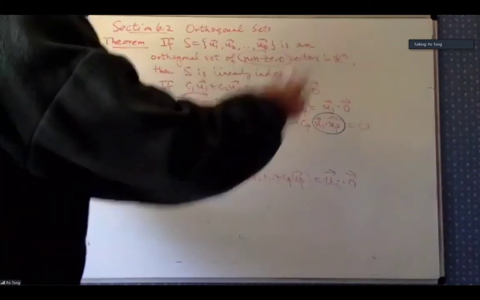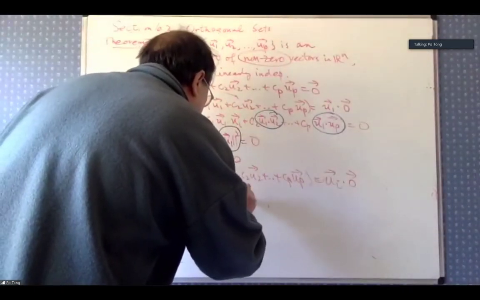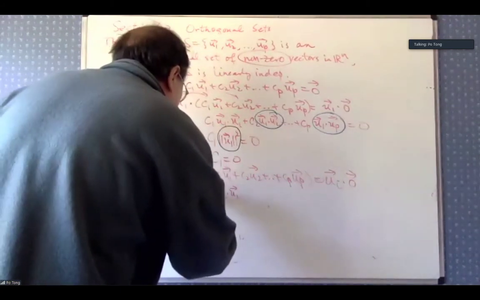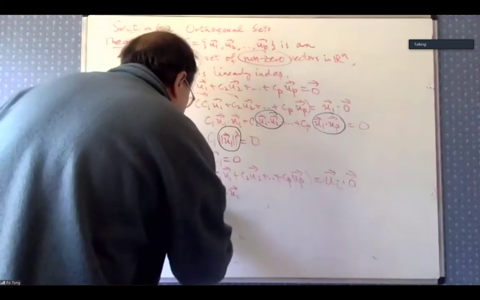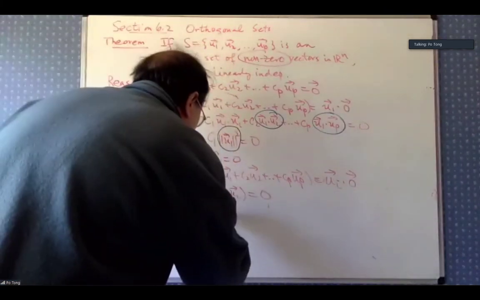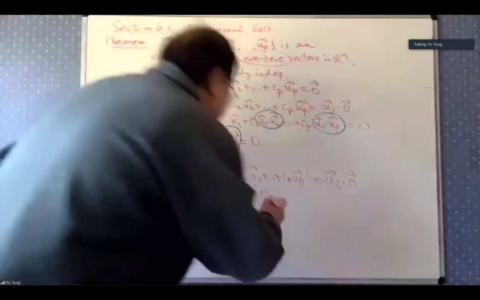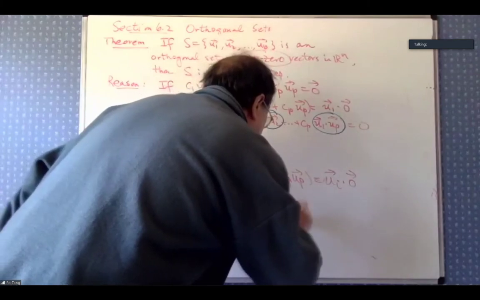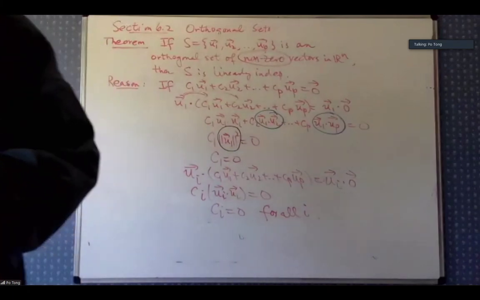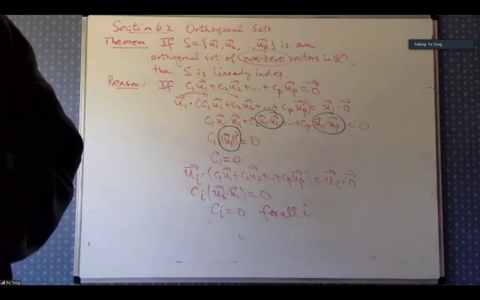Then everything will be gone except UI dot UI, and in front of this will be CI, which is equal to 0. Then you conclude that CI equals 0, and this is true for all the i's. So I showed that all these coefficients are 0. Any question?